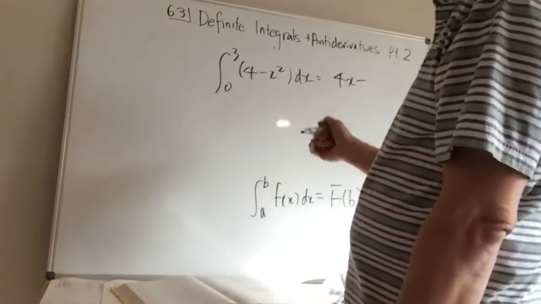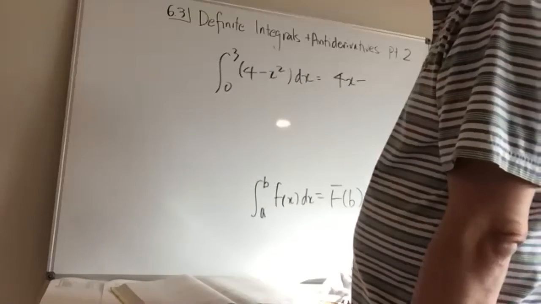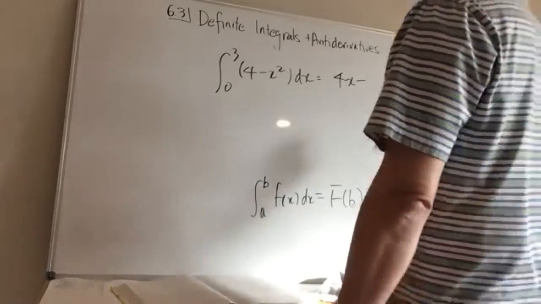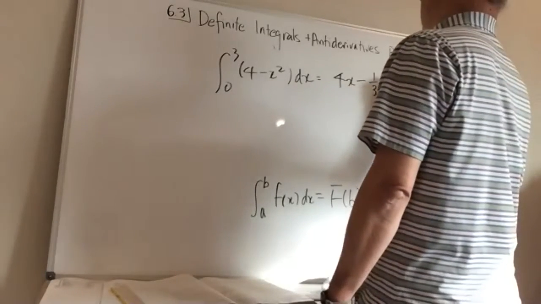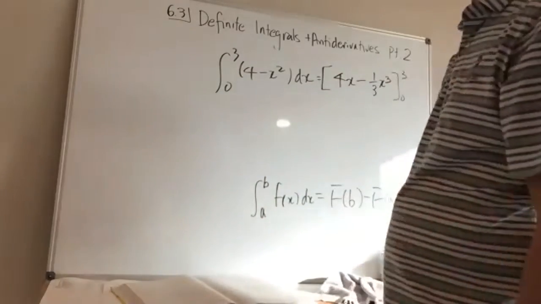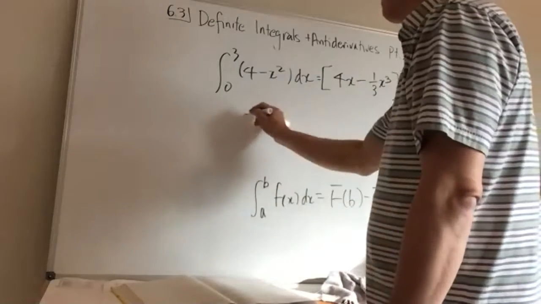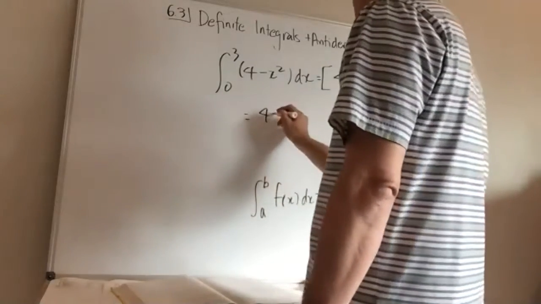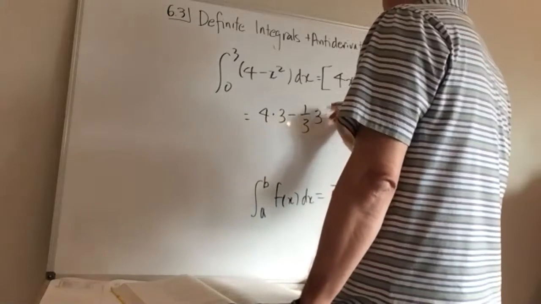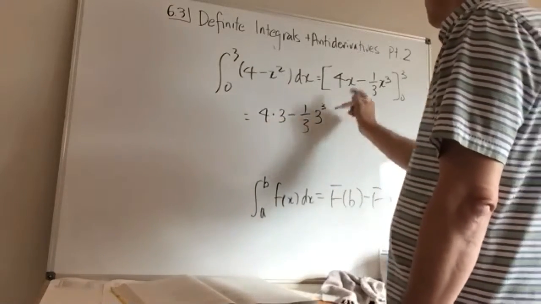What about negative x squared? What do I take the derivative of to get x squared? 1/3 x cubed. And I'm going to evaluate this from 0 to 3. So I'm going to put 3 in here, so it'll be 4 times 3 minus 1/3 times 3 cubed. Now I'm going to put 0 in here.